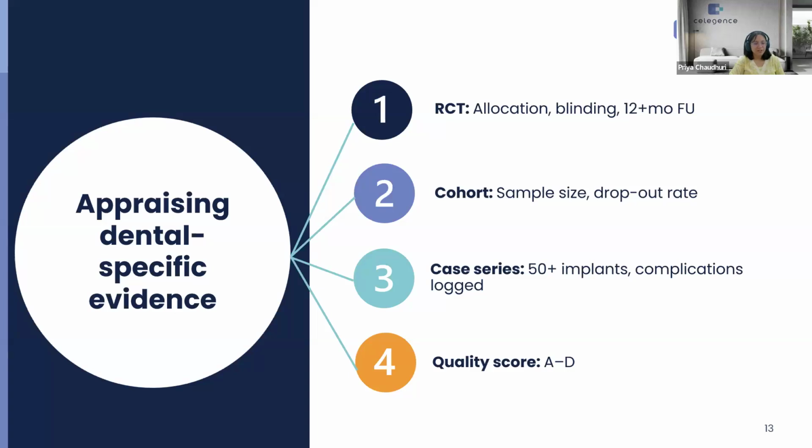Right, so once the literature search is completed, the next step is to critically appraise the literature data, what was found, and this is especially important in the dental space where clinical data can be quite variable in format and quality.